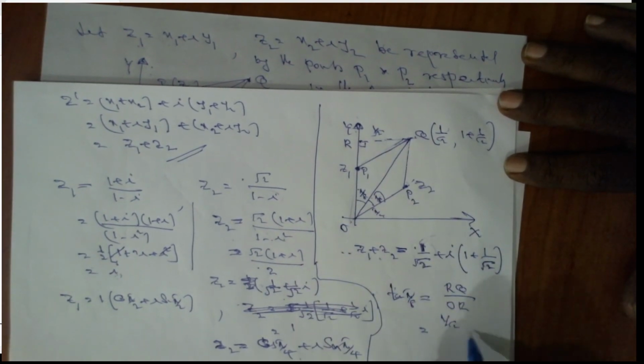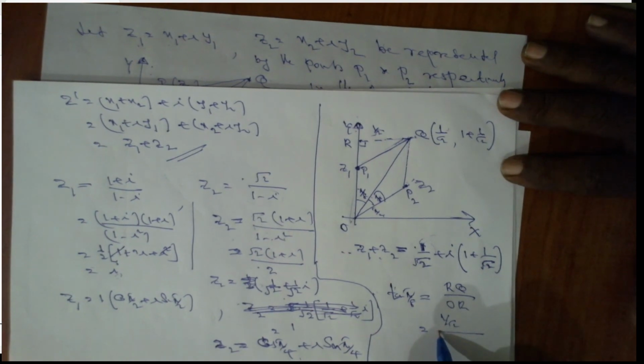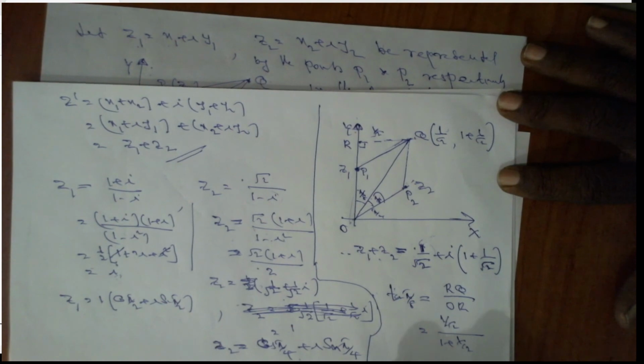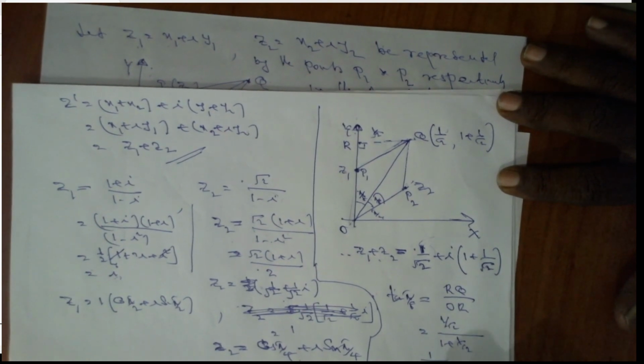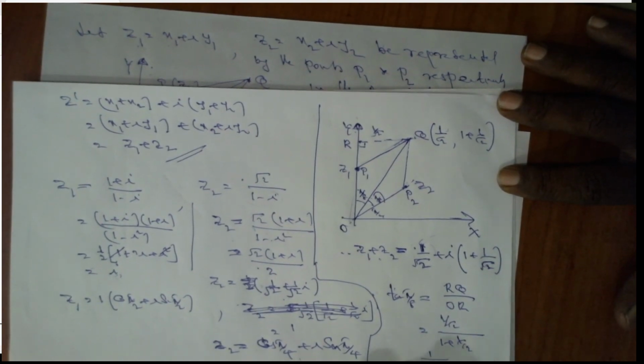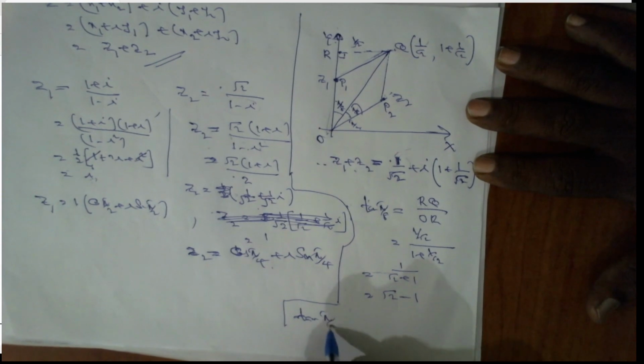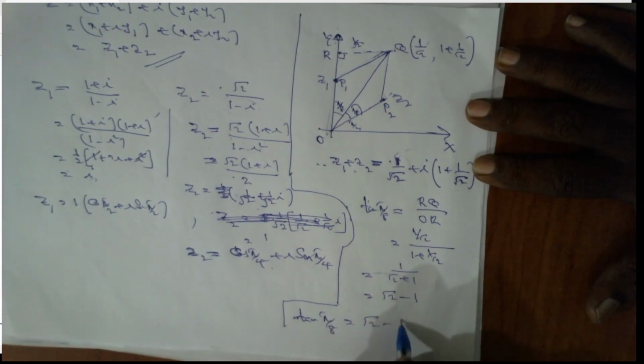So tan pi by 8 equals (1 over root 2) over (1 plus 1 over root 2), which equals 1 over (root 2 plus 1). So tan pi by 8 equals 1 over root 2 plus 1, and this equals root 2 minus 1.